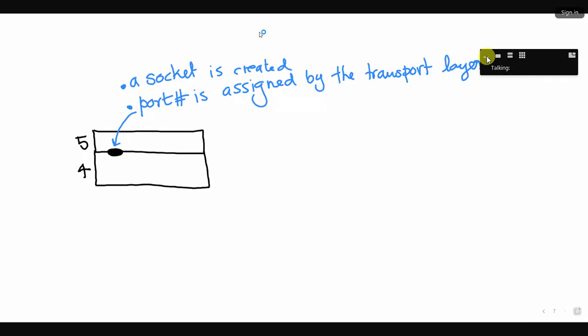For example, 80. Okay, 80 is a port number assigned for web.